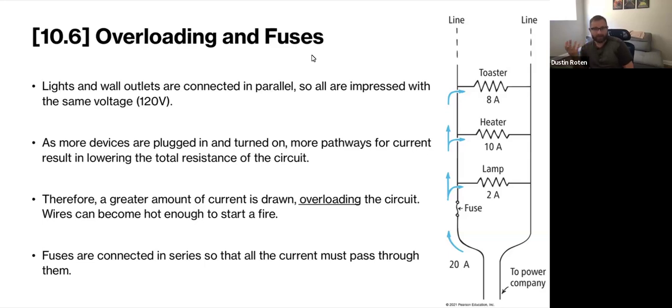Obviously, lights and wall outlets are connected in parallel, so they all have the same 120 volt potential that's going to drive current through them. So here's just a schematic of your home appliances, and we know that there's going to be 120 volts potential difference.